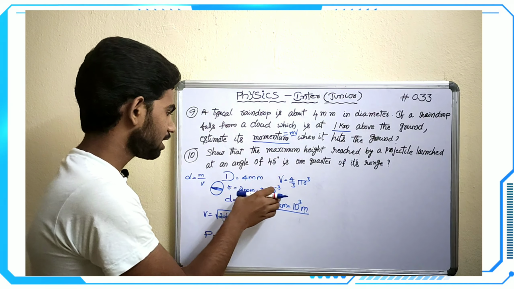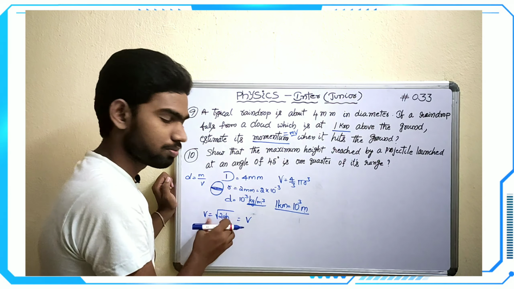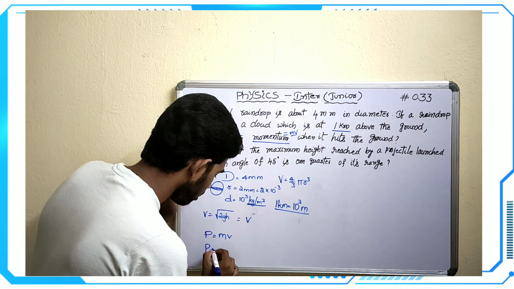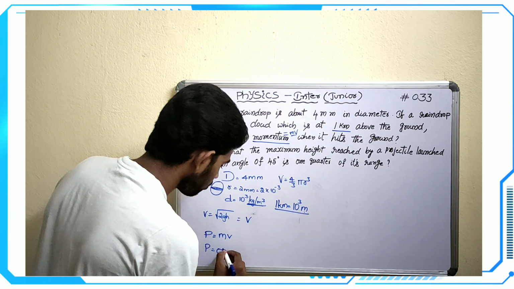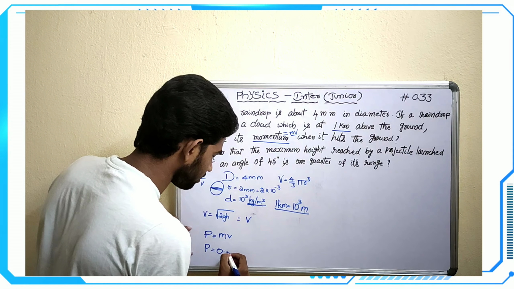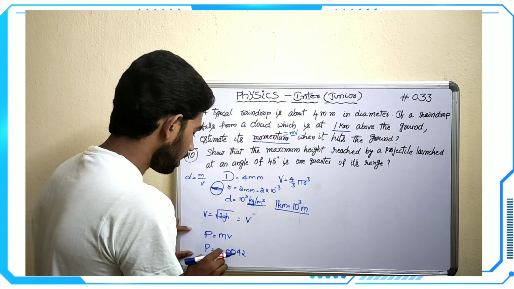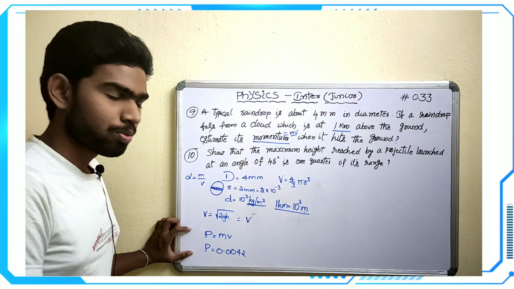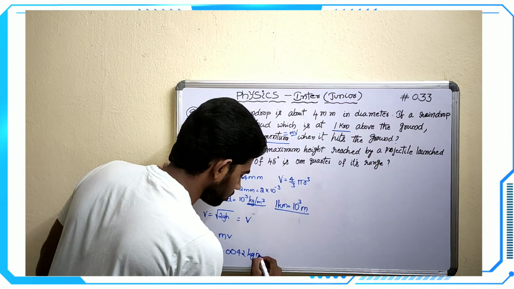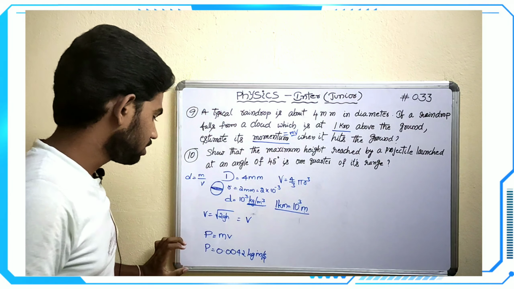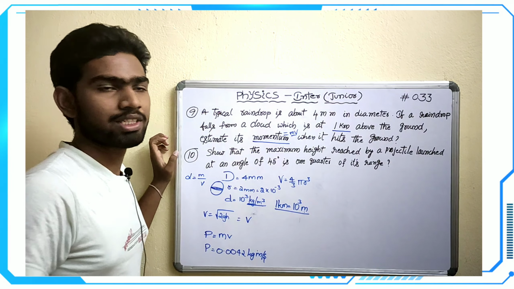We can get the mass and the velocity, and when we multiply mass and velocity we get the answer as 0.0042, and the unit of momentum is kg meter per second. So this is the answer for the given 9th question.